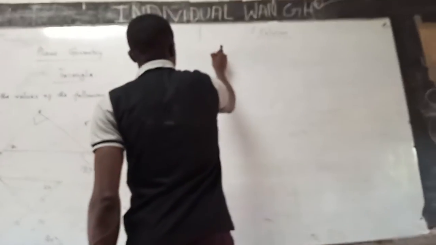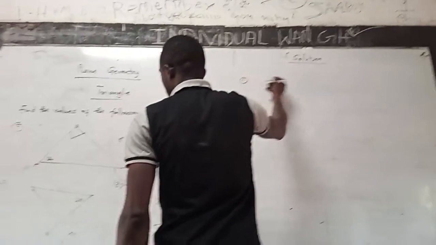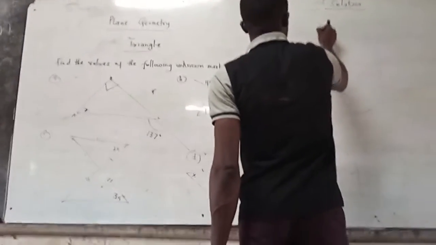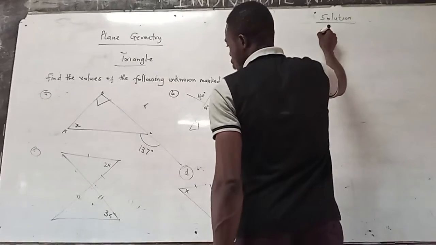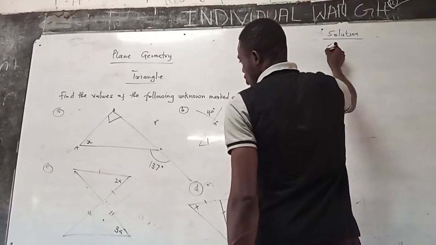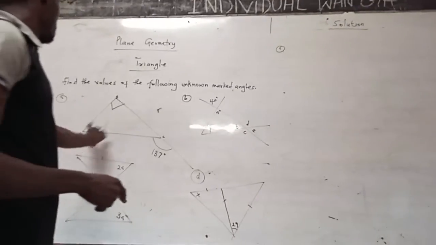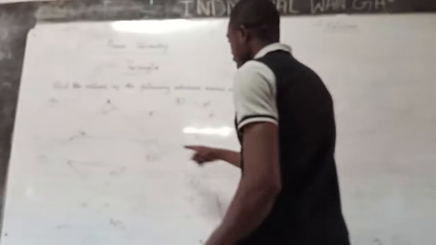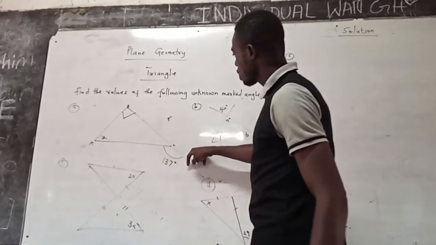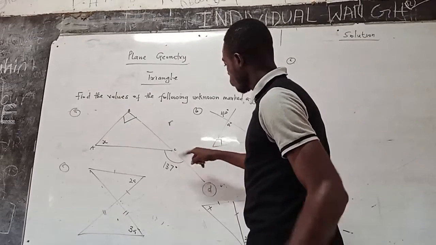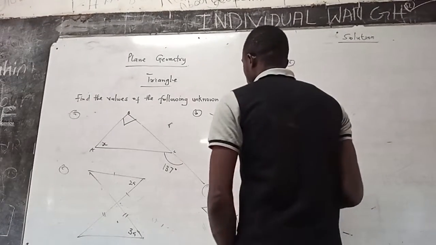So to help, not to draw it again, once they have named it, we know that angles on a straight line sum up to 180.